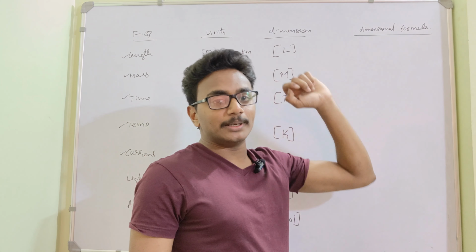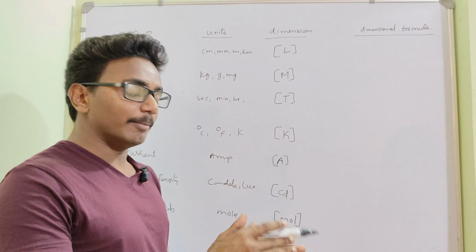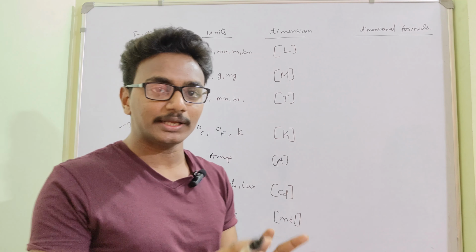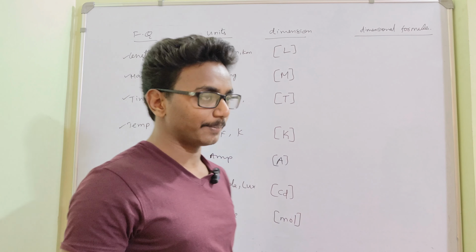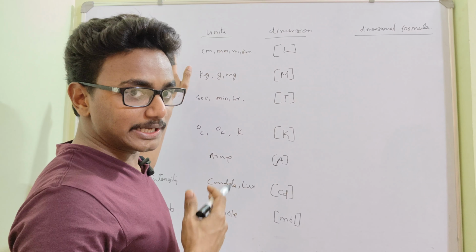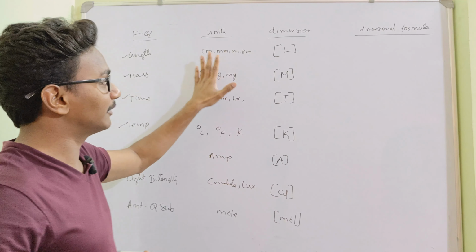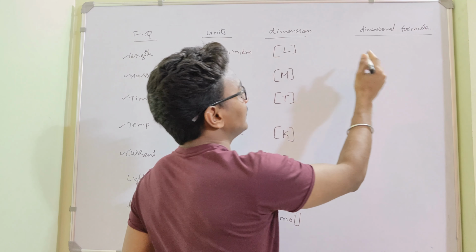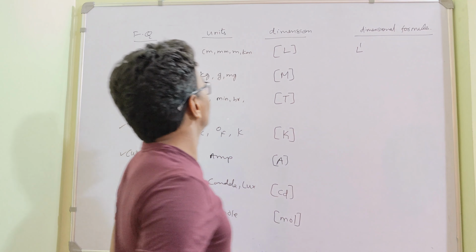Now come to dimensional formula. By the definition, dimensional formula means expressing any physical quantity in terms of fundamental quantities, right? Length is a physical quantity. I want to express length in terms of the remaining physical quantities. For example, what's the power of L here? 1, right? So L power 1.